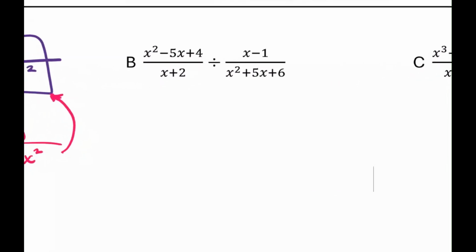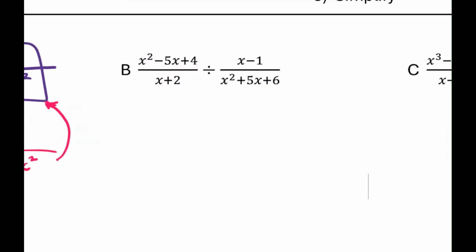All right, let's try this one. I'm noticing things are not factored, so step 1, factor everything. Let's see, so factors of 4 that will add up to make -5. We've got our x times x, so I'm guessing 4 times 1, both negative. That would give you a -5, okay?